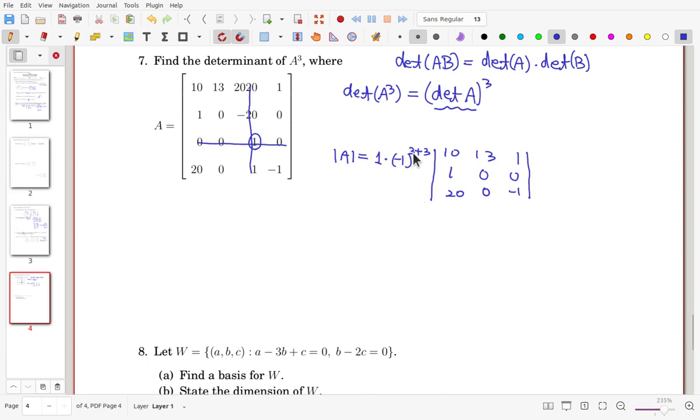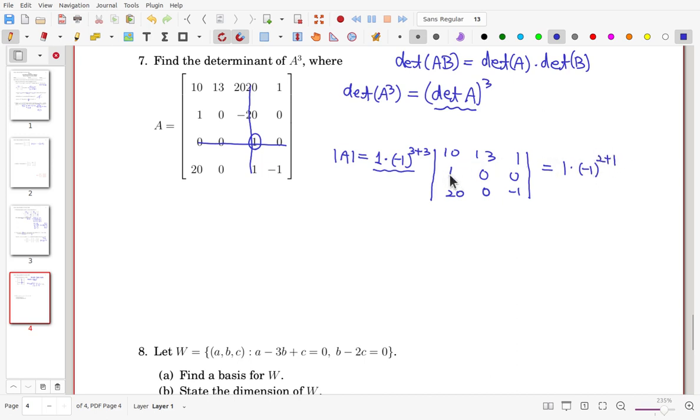Now, this is 1, that is 1. Here, to find this portion, again, we may try to use the second row expansion. Then this is 1 times minus 1. Okay, so this is 1, we know. And for that one, now 1 times minus 1 to the power of 2 plus 1, right?